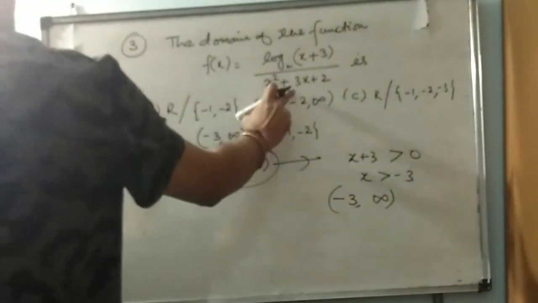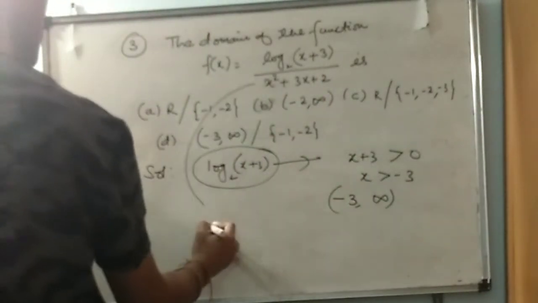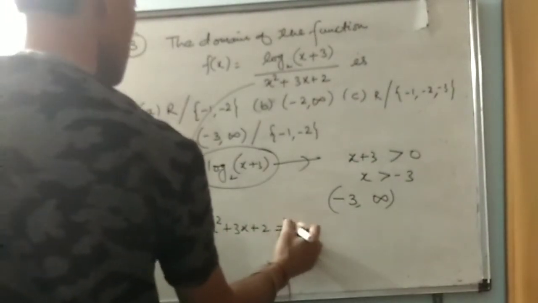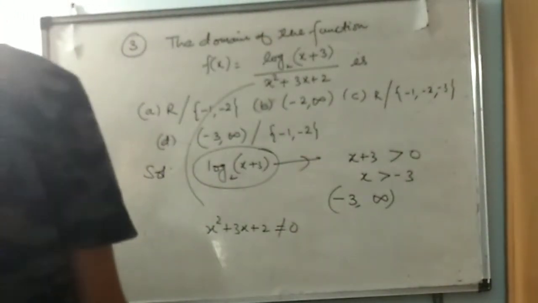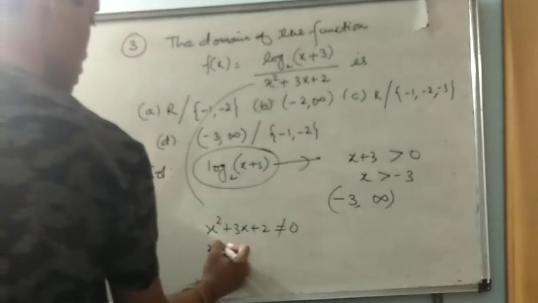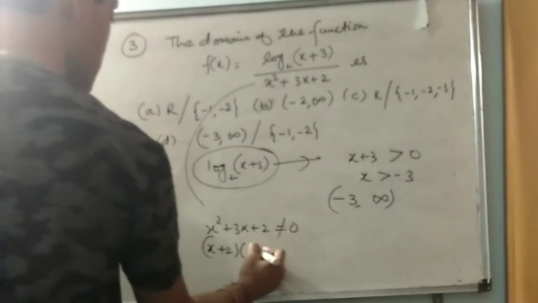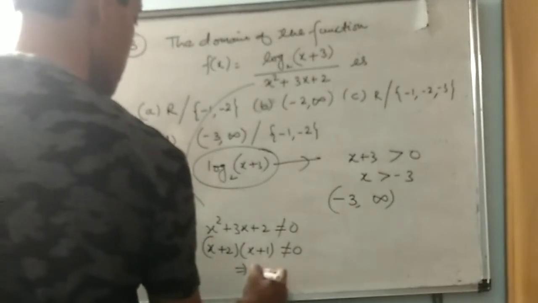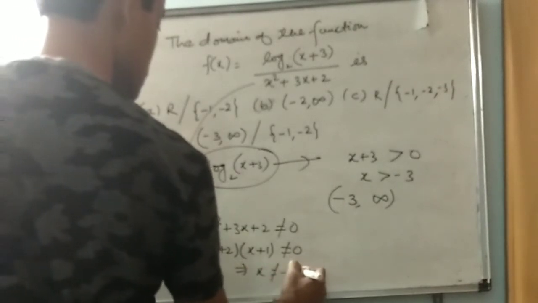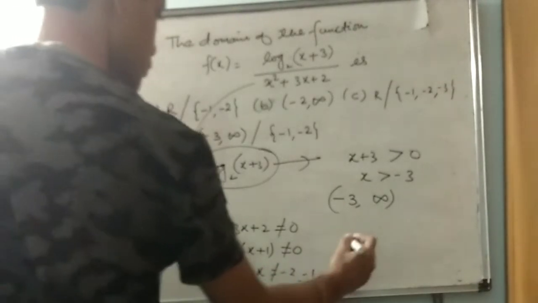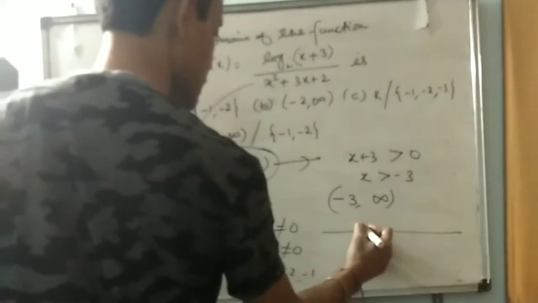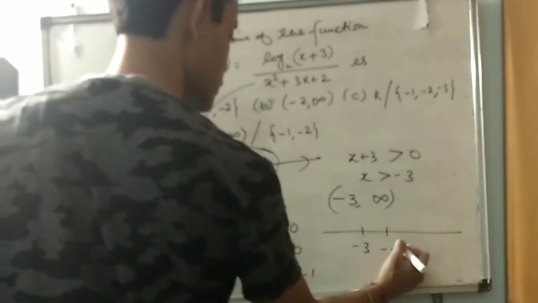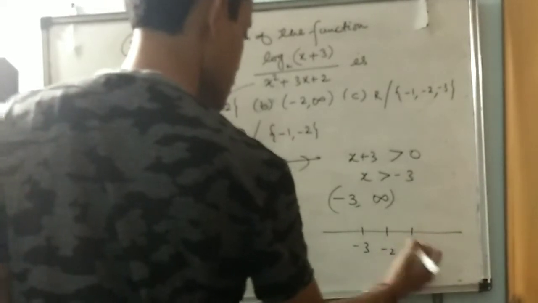Now looking at the denominator, x square plus 3x plus 2, that should not be equal to 0 because it will make it not defined. Simplifying it, we are getting x plus 2 into x plus 1 not equal to 0. So ultimately we are getting x not equal to minus 2 and minus 1. Now look at this number line. Minus 3 comes before minus 2 and then minus 1.